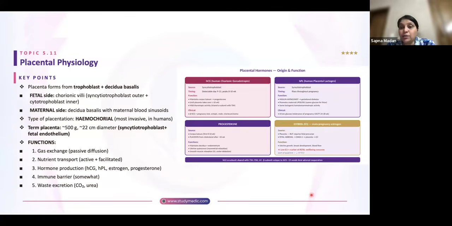Human placental lactogen, the source is again syncytiotrophoblasts. It is secreted throughout pregnancy. The function is, it is an insulin antagonist, and it can therefore predispose to gestational diabetes. Maternal lipolysis is promoted, so it spares the glucose for the fetus.